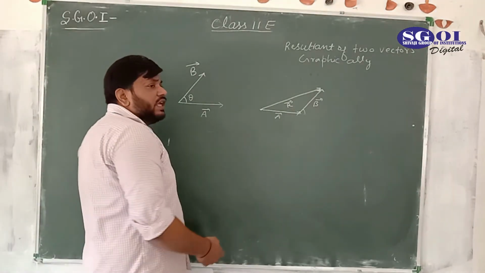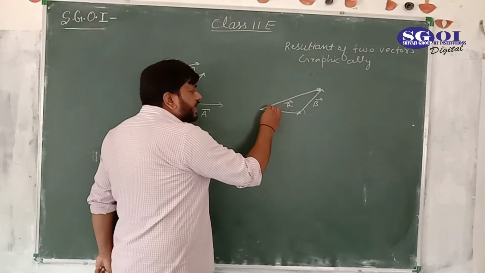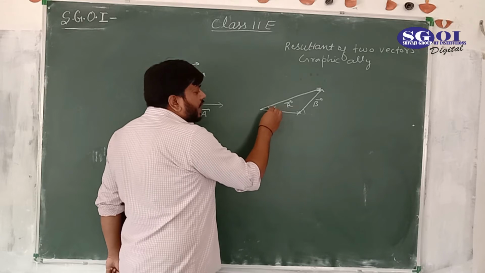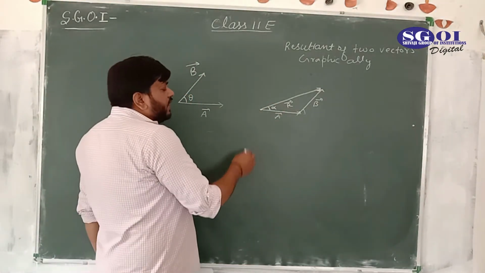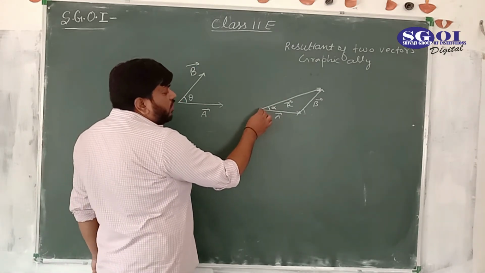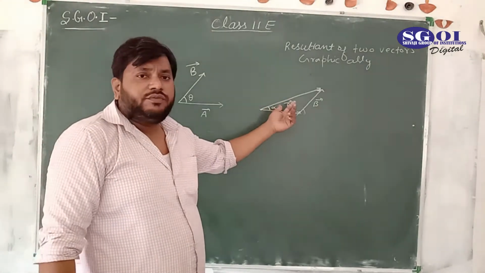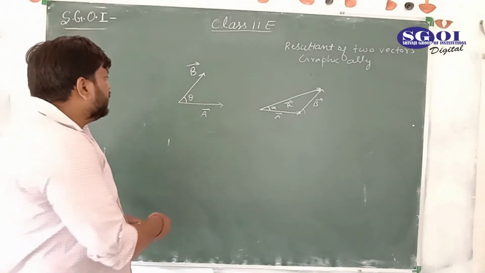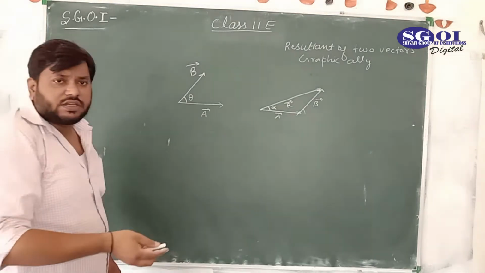What is the direction? As I told you, direction is in terms of the angle. So this angle which the resultant is making with the vector A, I am representing as alpha. In the same way, suppose we want to draw the B vector first. As I told you, for finding the resultant, we can draw B or A first, it doesn't matter, it will be the same.